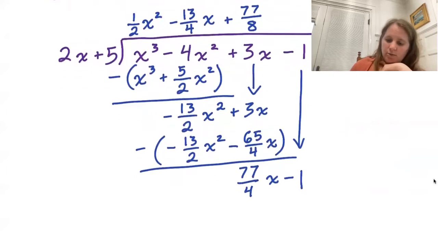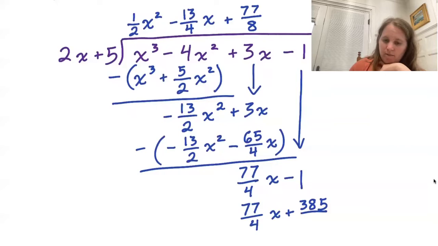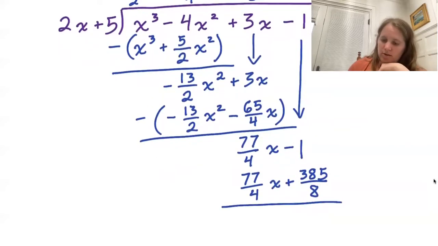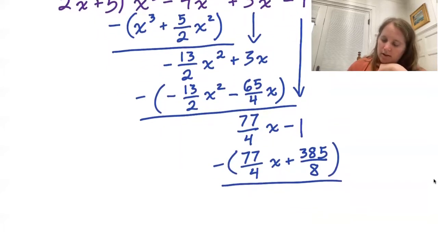Do our multiplication, we'll have 77/4 x plus 77 times 5 should be 385, and then over 8. Finish off with our subtraction. This becomes negative 1 minus 385/8 would be a negative 393/8.